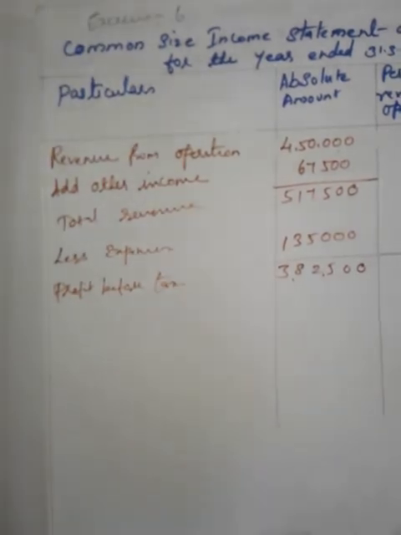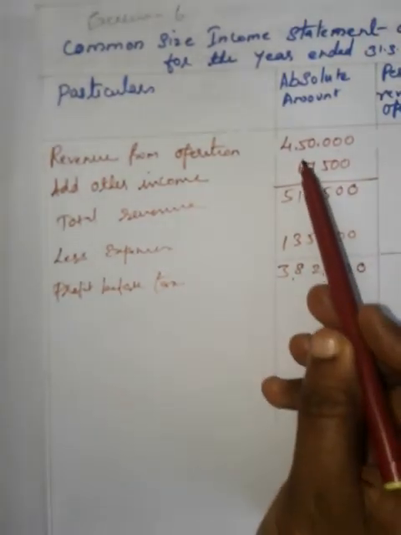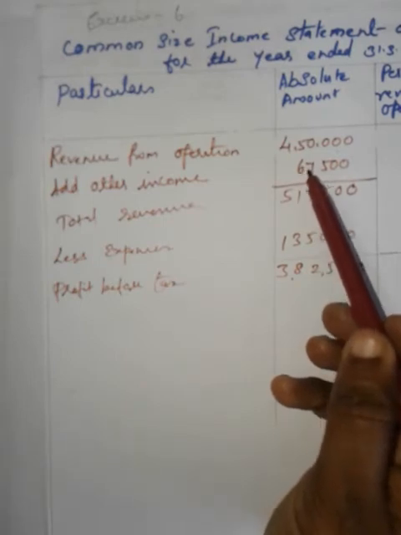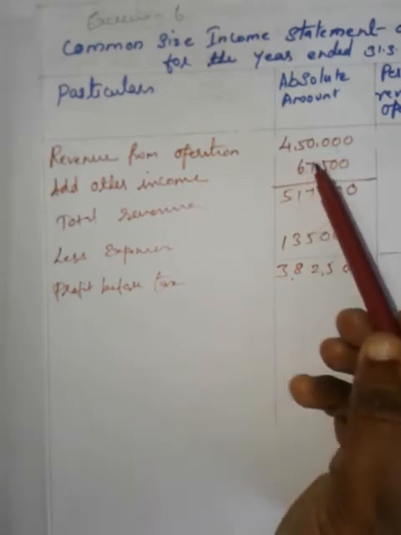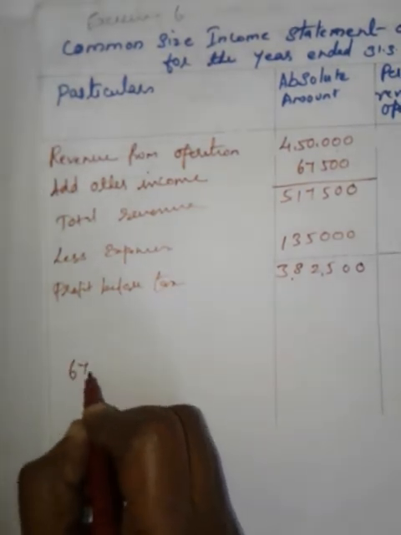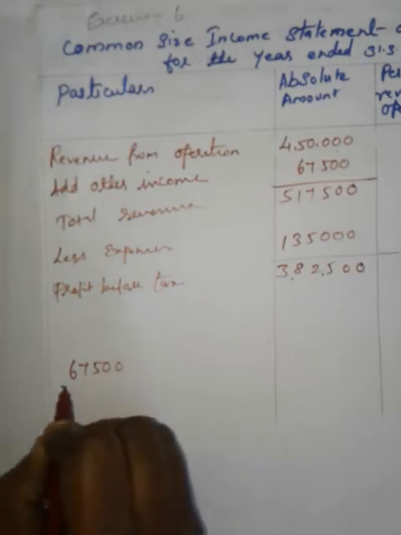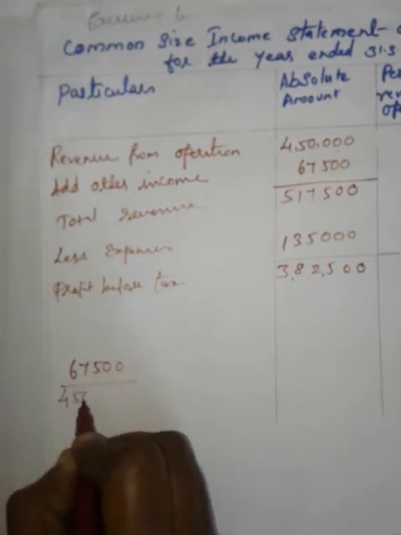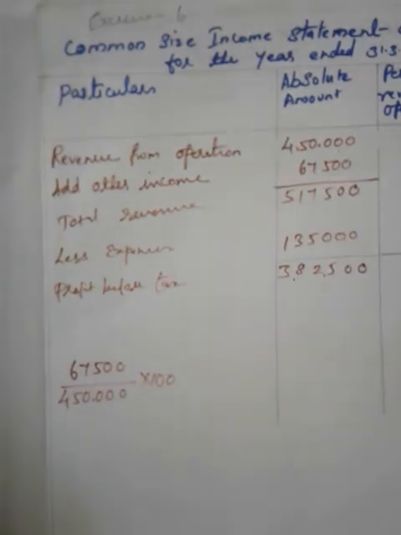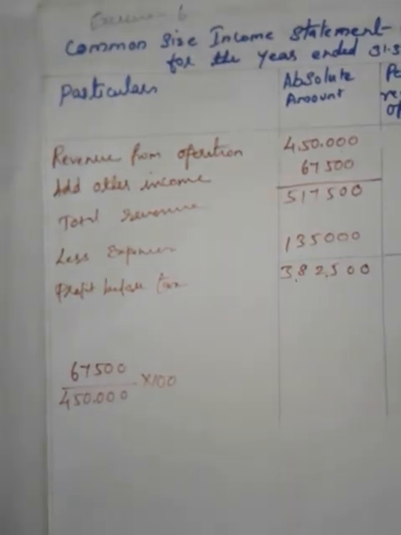This is the base, and I am going to make the other income percentage. So we have to do 67,500 divided by 4,50,000 into 100. Do you understand?